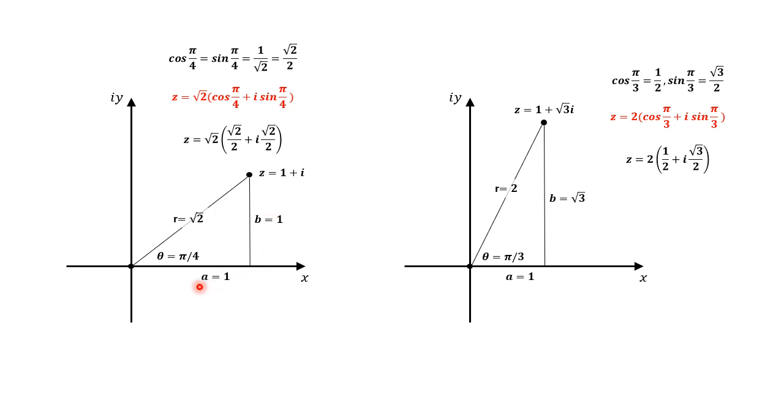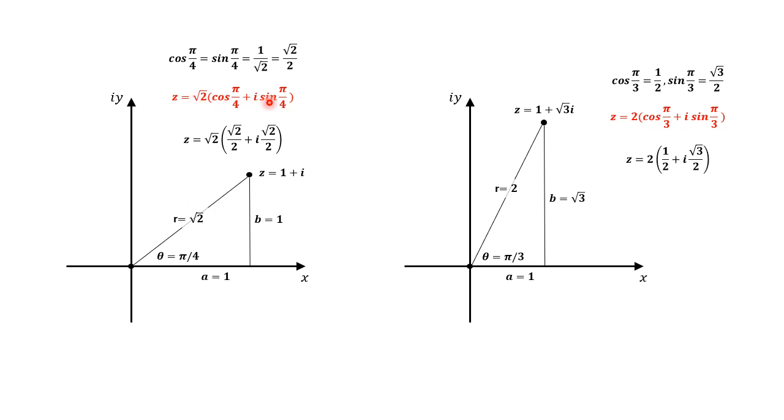So we have an isosceles triangle. This is 90 degrees, which means these other two equal angles need to be 45 or pi over 4. So we already know the angle required to convert to polar is pi over 4. And then the modulus is, again, by the Pythagorean theorem, the square root of 2.